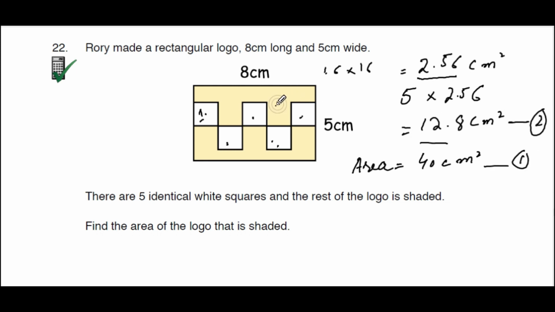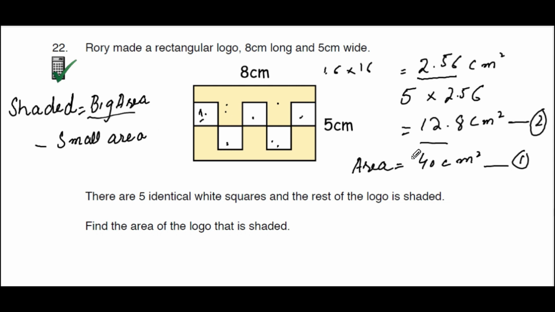Now can you find your third area, which is shaded area? How we find the shaded area? We find the shaded area, big rectangle area. I'm just writing over here big area minus small area, small squared area. So you can write in your own words.